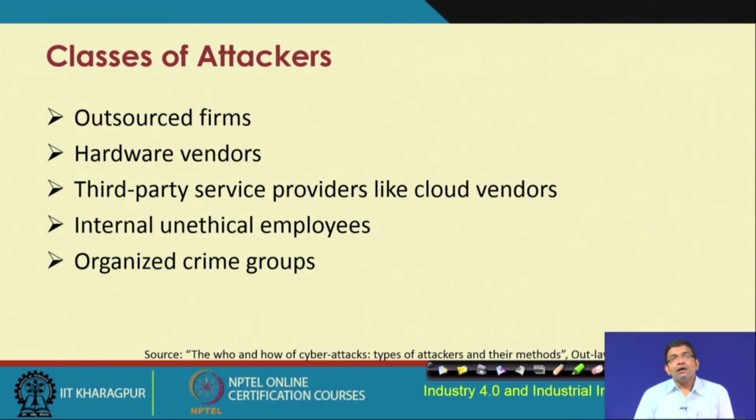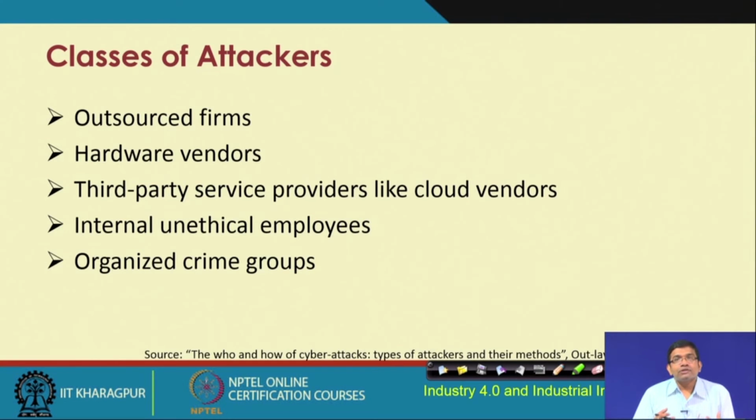Second is the hardware vendors. There are different hardware that are procured and are being used in IIoT. Those individual isolated systems might also have different vulnerabilities, which might be points of entry for the attackers. Third party service providers like cloud vendors could also be the attackers, and internal unethical employees.